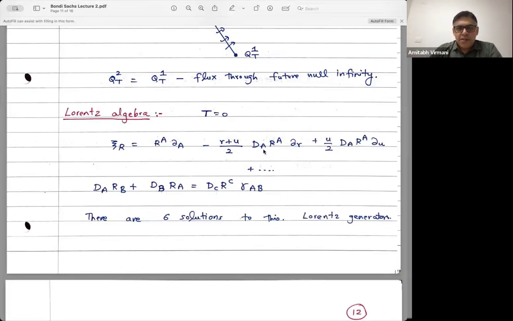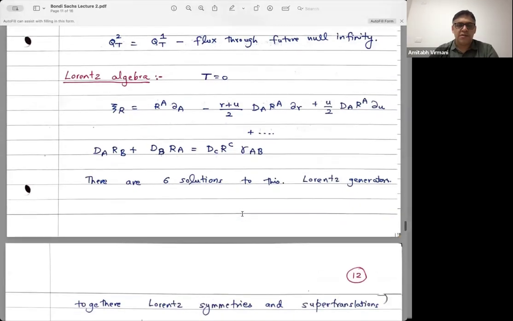And then the vector has some radial part which is related to derivative of the vector r, and then it has some u part which is also related to the derivative of the vector. And as I said earlier, these vectors satisfy the conformal Killing equation on the two sphere. So there are 6 solutions, and these are the 6 generators.